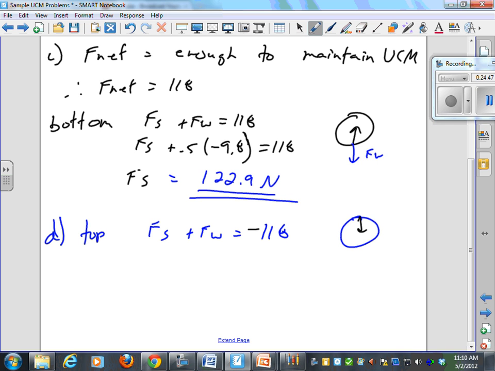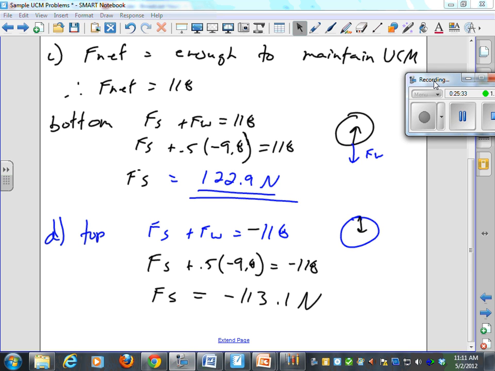Is the weight force still down? You bet it is. It's minus 9.8. But when it goes to the other side, it becomes positive, and now I'm adding it to that negative 118. So my string tension is minus 113.1. Negative because it's down, and numerically less than 118. Does that make sense? Tough is tough. If you look at it long enough, it'll make some sense.